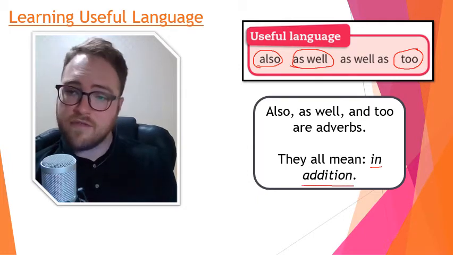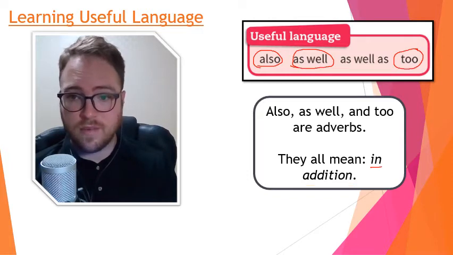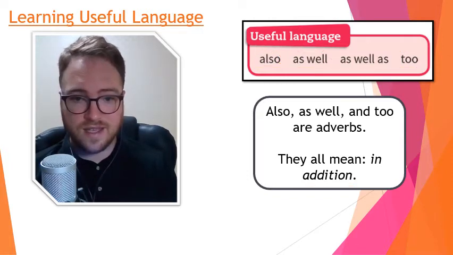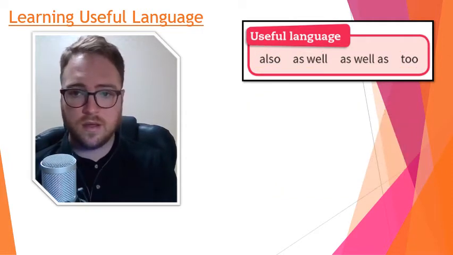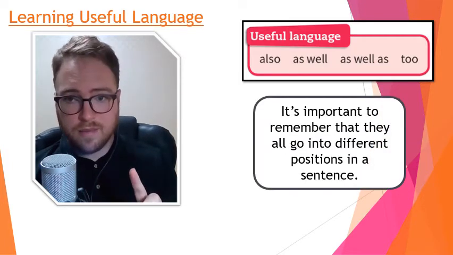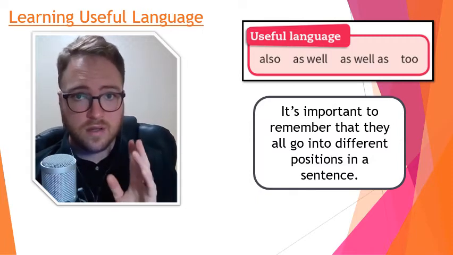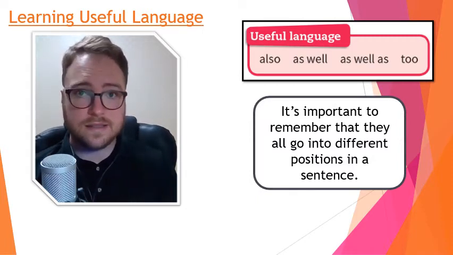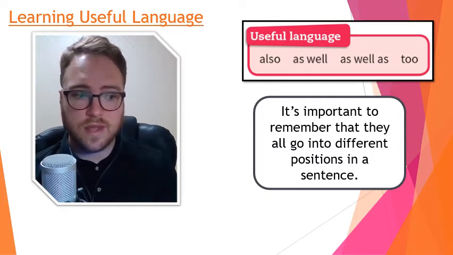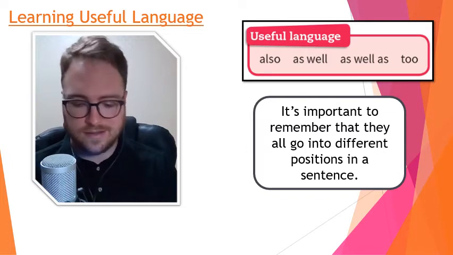They have the same meaning. That's important to remember. But it's also important to remember that they all go into different positions in a sentence. So they have a different place in English sentences.